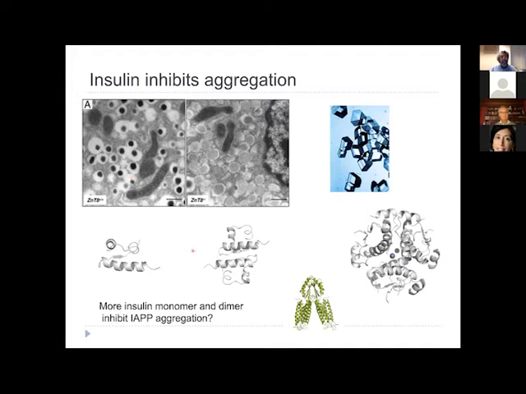So at that time we were thinking, okay, let's look in the literature, and there are some studies showing that zinc indeed facilitates the crystallization of insulin. In the presence of zinc, it forms an insulin hexamer, and the insulin hexamer is not very soluble.